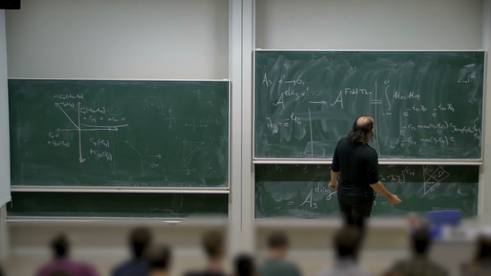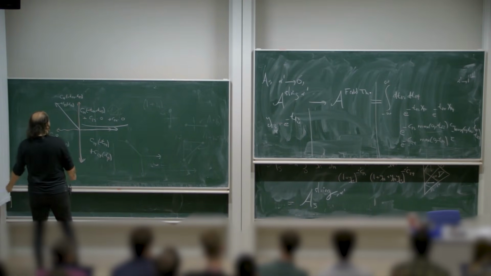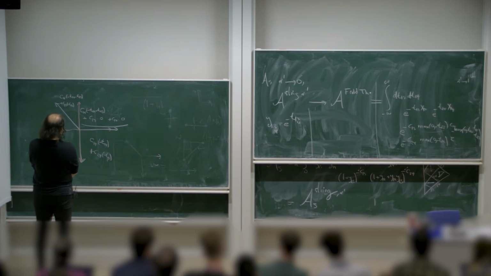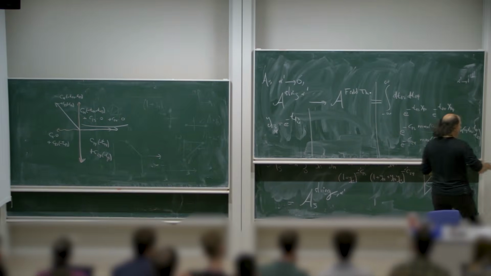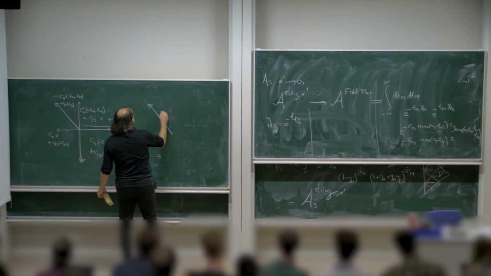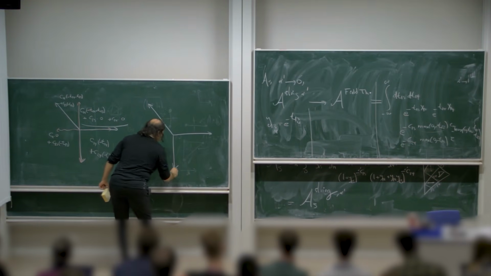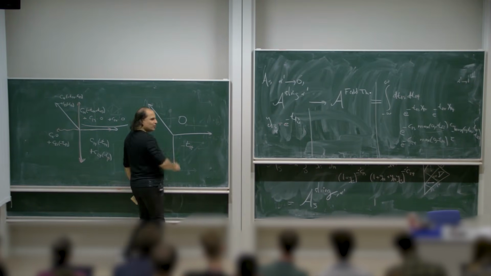And I may have screwed something up here. Sorry, I screwed up at the very beginning. Someone should have stopped me. I screwed up in writing this expression. If we have this guy, here is negative t14, but here is 0, because it was max of 0.